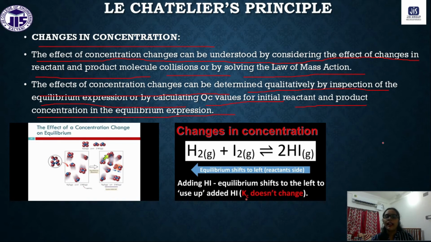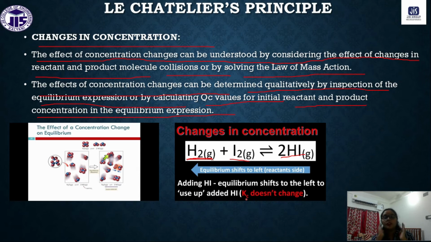Generally, consider the reactant and product concentrations in this reaction: we have the hydrogen molecule and the iodine molecule, reacting with each other and forming the HI molecule, hydrogen iodide gas. Now, what will happen if we increase the amount of hydrogen?